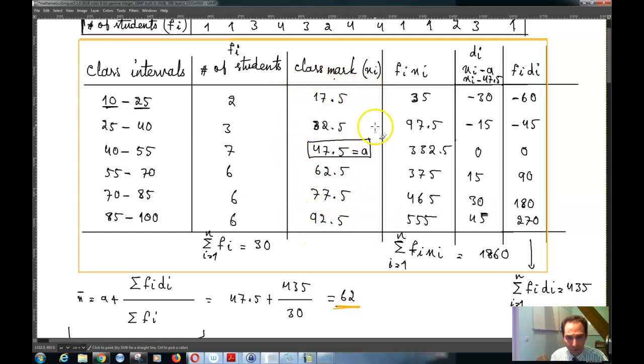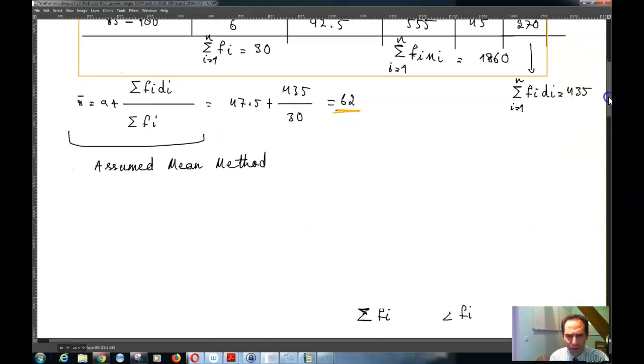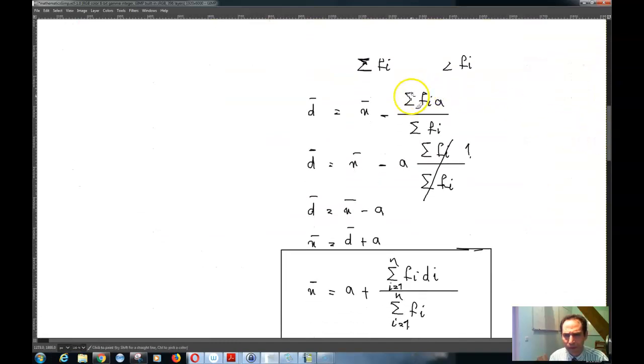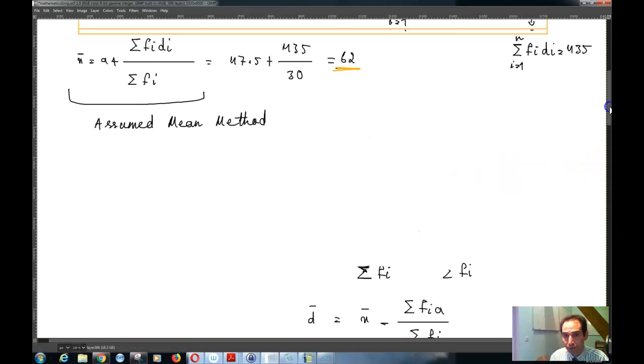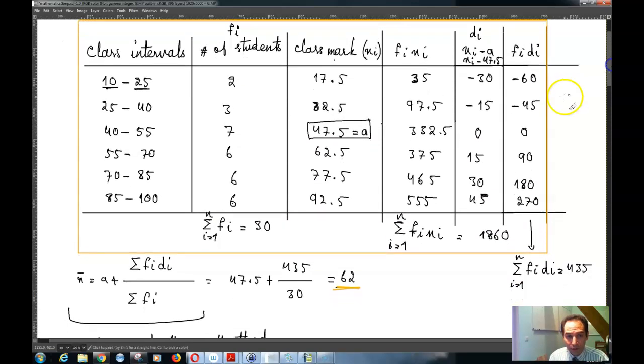Whatever choice of a you take from these values, you put it in the algebra and it goes into this formula. So that is one thing.